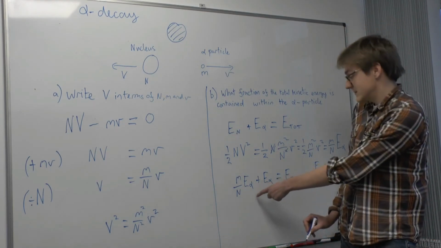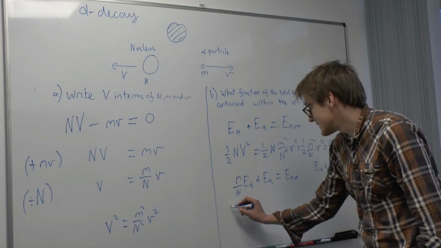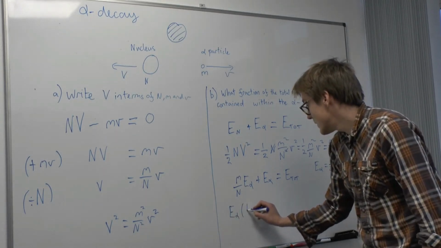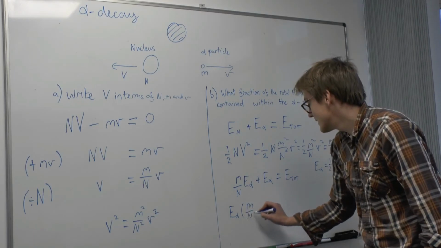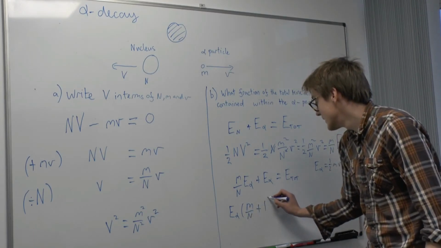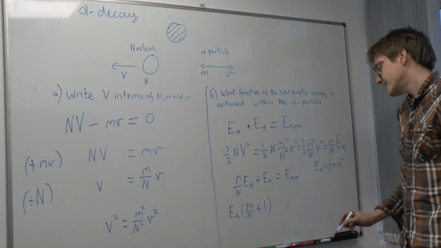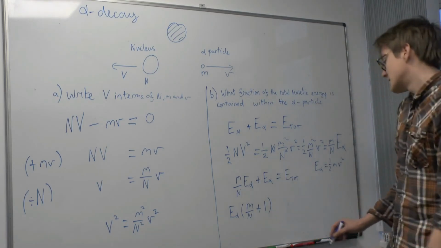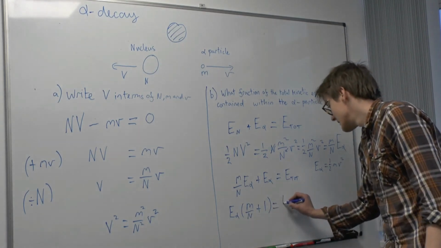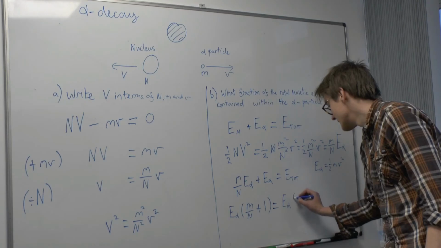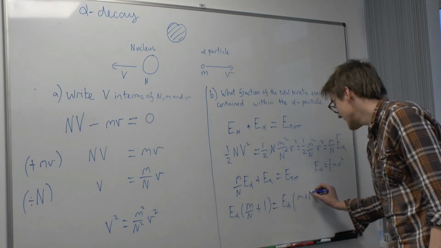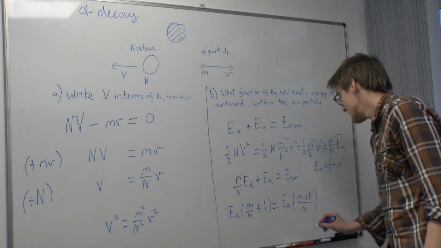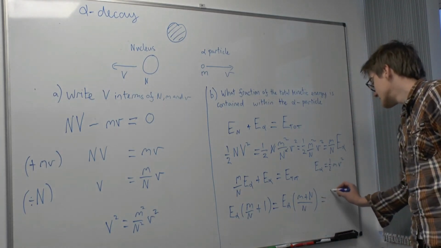Now if we factor out E alpha, we see that this can be written as E alpha times m over N plus 1. Now, if we put these over a common denominator, we can express this as E alpha times m plus big N over N equals E total.